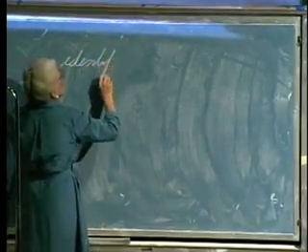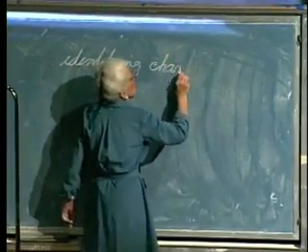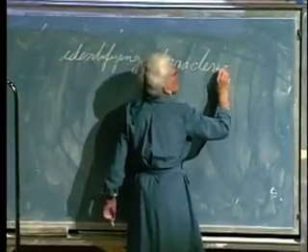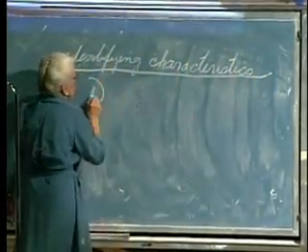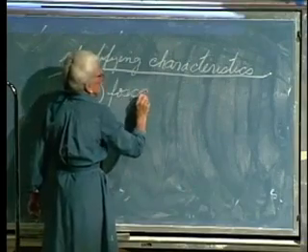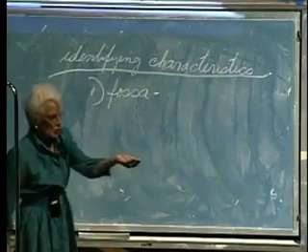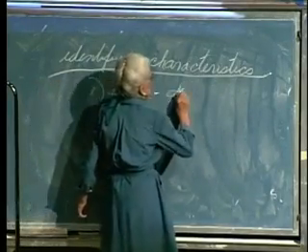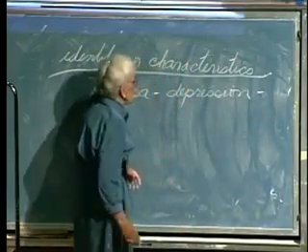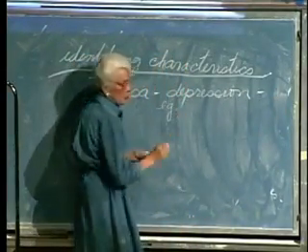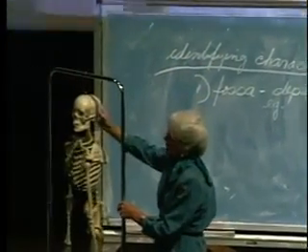Identifying characteristics. Let's first take a fossa. What's a fossa? It's a depression in a bone. What's the example I'm going to give? It's called the temporal mandibular joint.